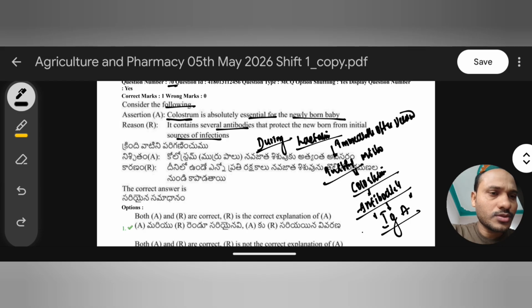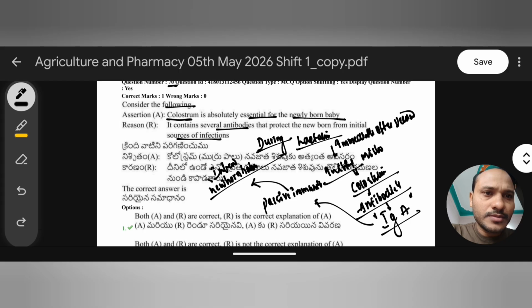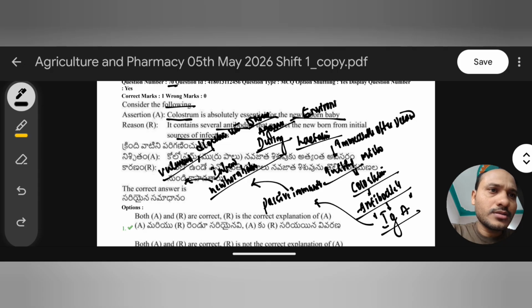These IgA antibodies provide passive immunity to protect the newborn baby or infant from various vulnerable digestive tract diseases, against various pathogens, especially environmental pathogens. The newborn gets protected by having this IgA antibody, which is rich in the colostrum milk the mother produces in the initial days after delivery.